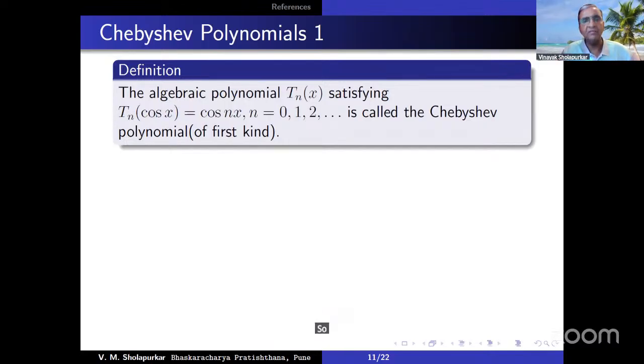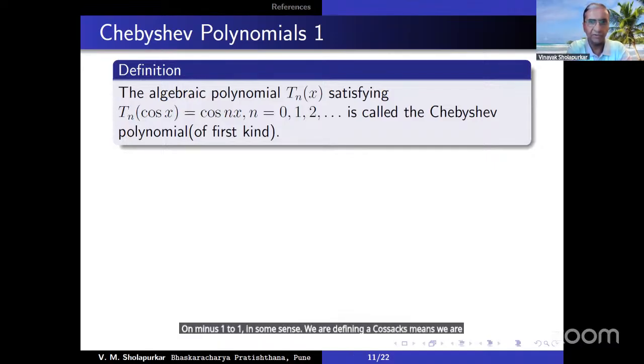So this defines an algebraic polynomial. Is that first of all clear? We are defining this only on -1 to 1 in some sense, since cos x means we are defining only on -1 to 1. So does this uniquely determine a polynomial on the entire real line? That is the first question.